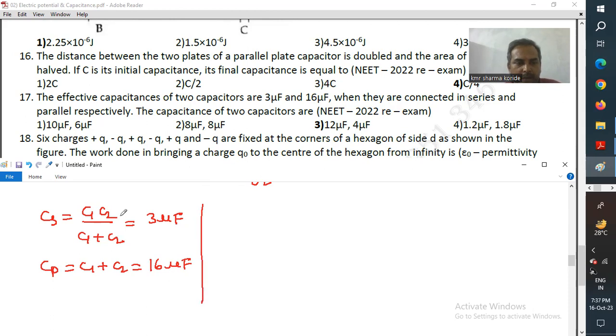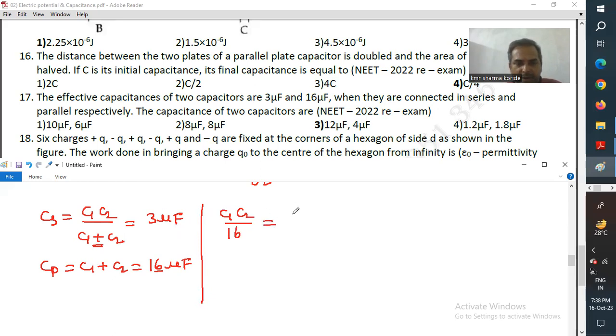There are two methods you can follow. You can straight away substitute here, 16 here. So therefore, C1 C2 is a simple method. C1 plus C2 is 16. So C1 C2 by 16 is equal to 3.